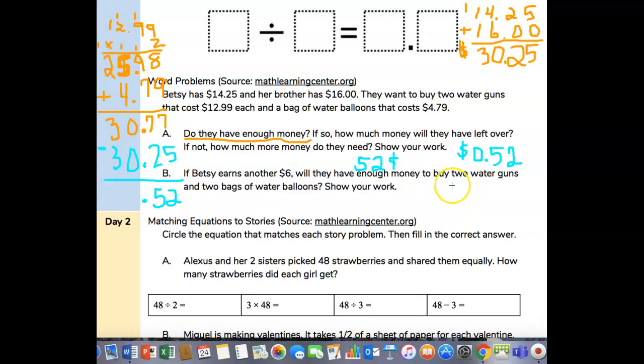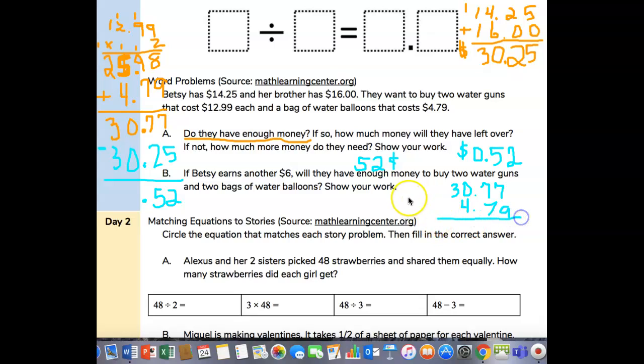We found out that they need $30.77 in order to get 2 water guns and 1 bag of balloons. So all we have to do is add another bag of balloons here, $4.79.